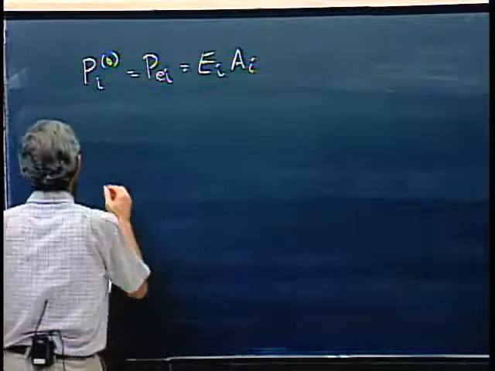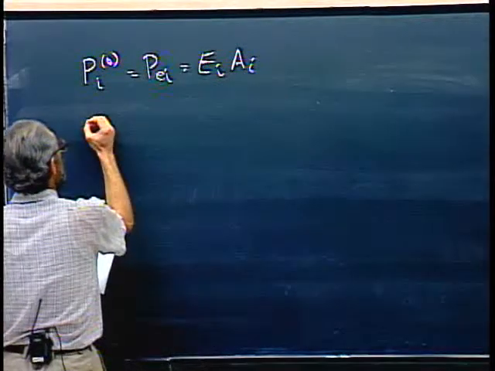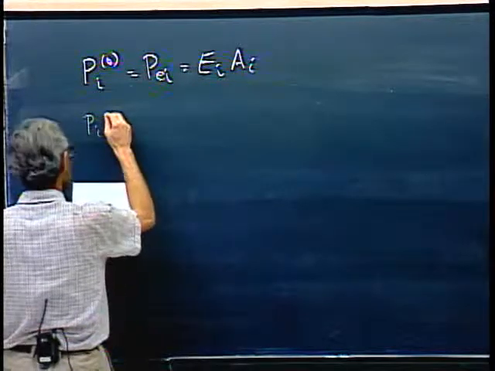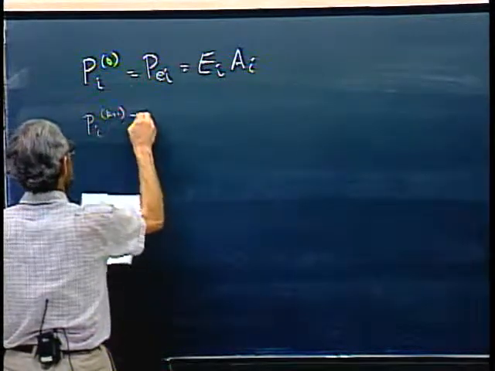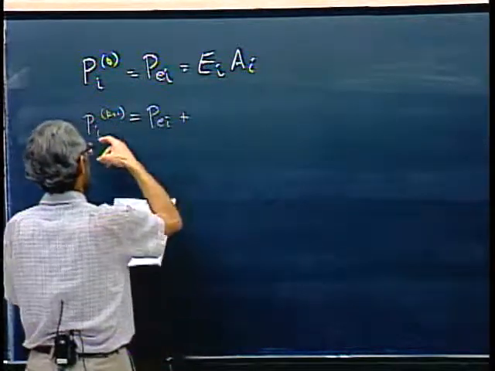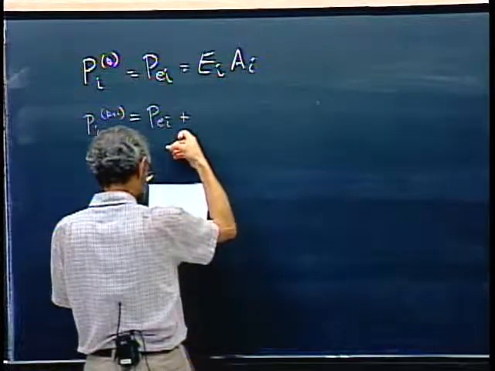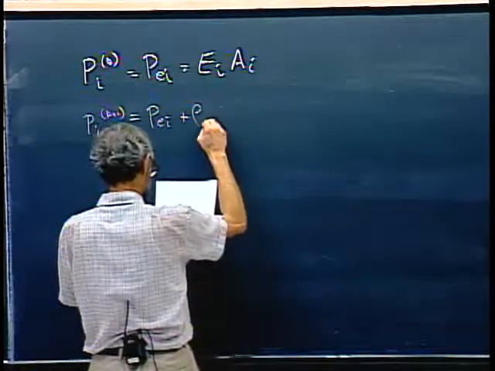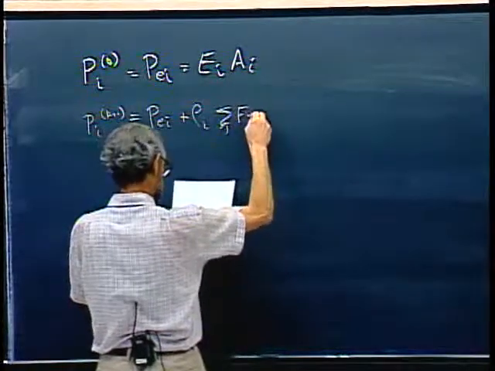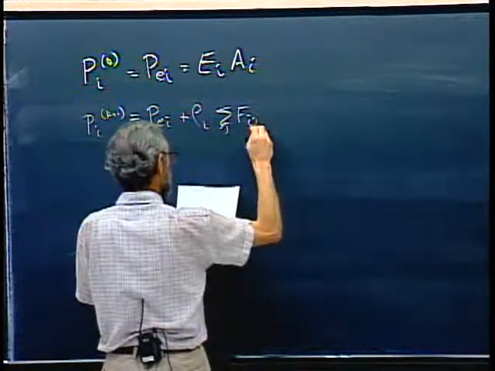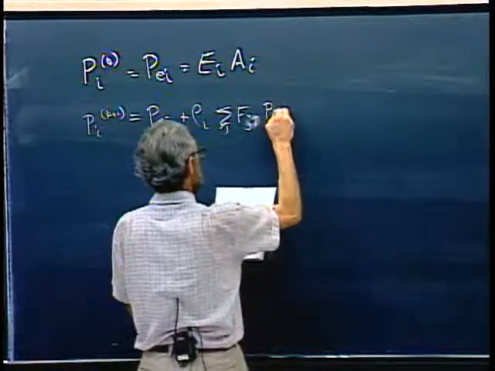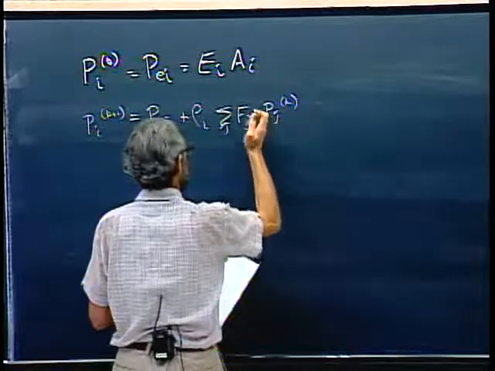And then basically P_i of k plus 1 equals PE_i, this is all for all i, plus we're going to do this sum here, F_ji, I guess, times P_j to the k.